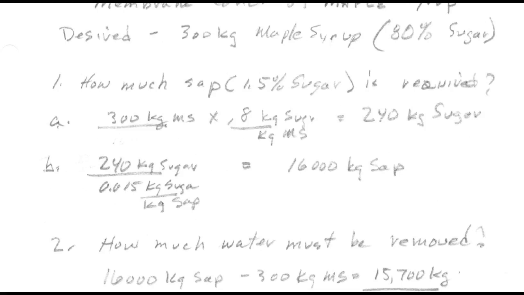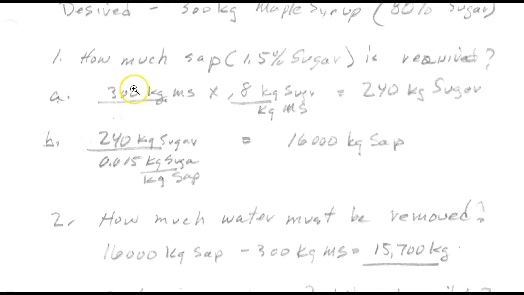Those days are long gone, but it's still a pretty small industry, and it's a very seasonal industry. For example, now, instead of hanging buckets on the tree taps, people use vacuum pumps and plastic lines, and are able to actually increase the yield per tree substantially, and at the same time reduce the labor quite a bit.